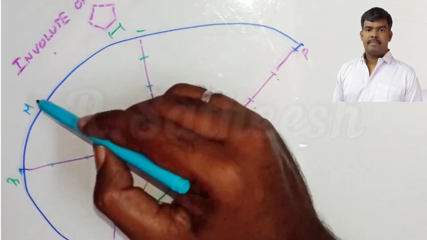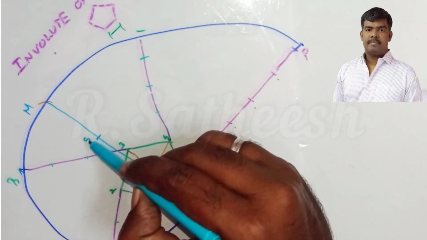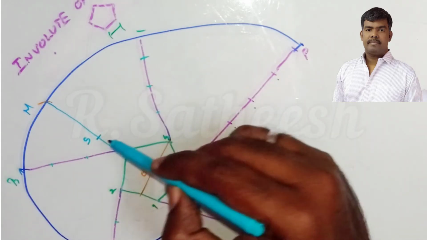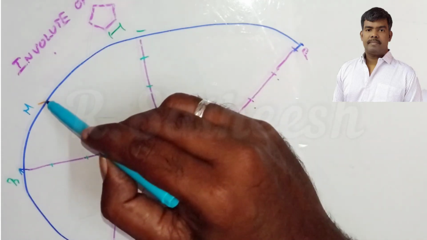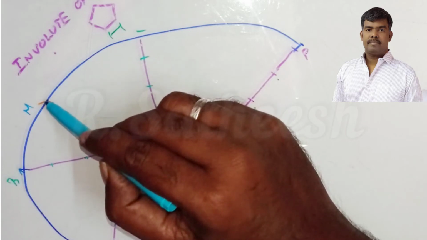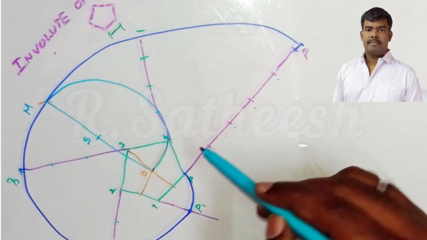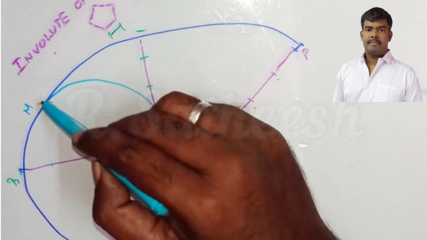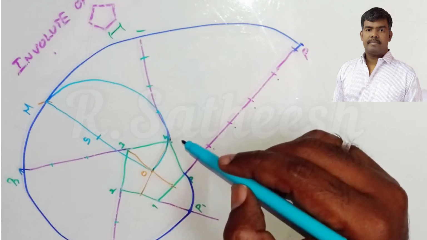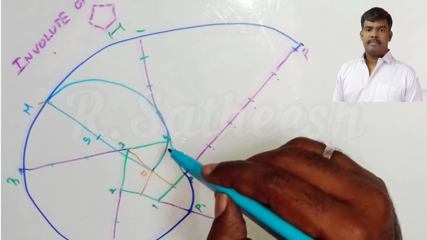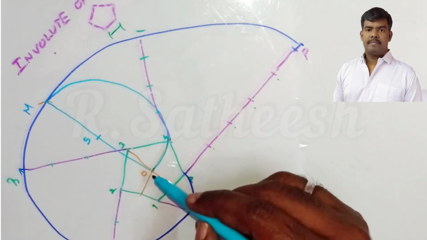Okay, join O to M. Clear. Then bisect that O to M, we get point S. Now S as the center, S to M is 100, so 50 as the radius. Draw one semicircle with S as the center.